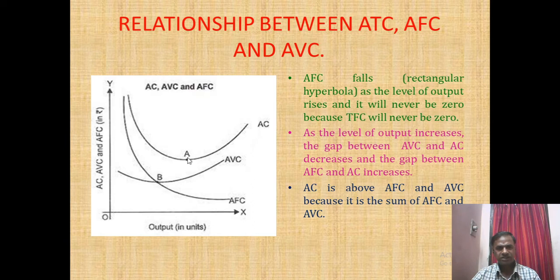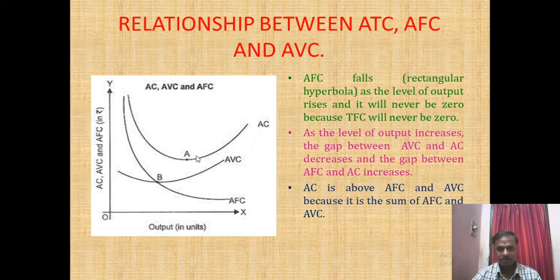So the AC reaches its minimum point after the AVC reaches its minimum point. I repeat again, the AC reaches its minimum point at the increased level of output than AVC.